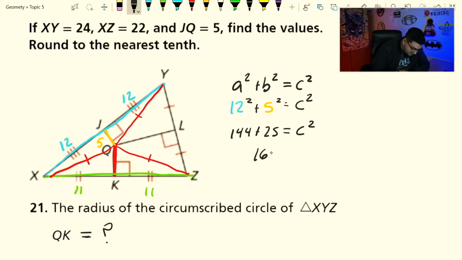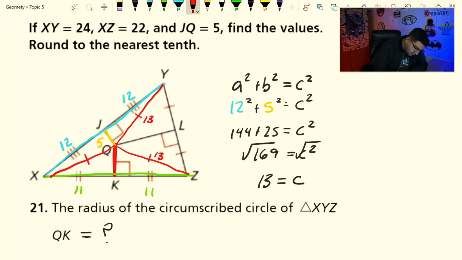I get 169 equals c squared. I can then take the square root of both sides, and I find that 13 is in fact c. Now that we know that this is 13, I can tell that this will also be 13.